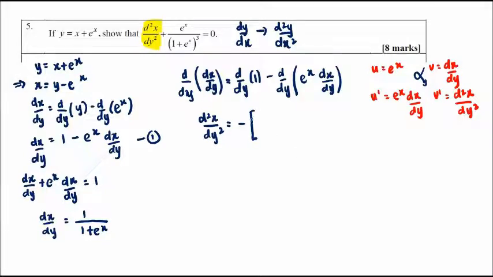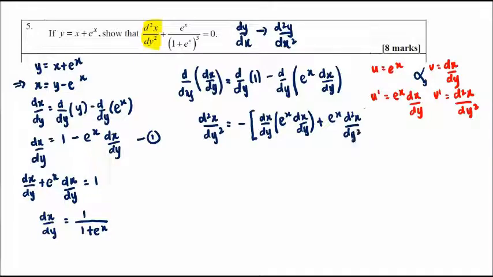Okay, so v times u prime, kita akan ada dx dy times with exponent x dx dy. Alright, this is the first term, v times u prime, and then plus with exponent x, and then we have the second derivative, d squared x over dy squared over here.